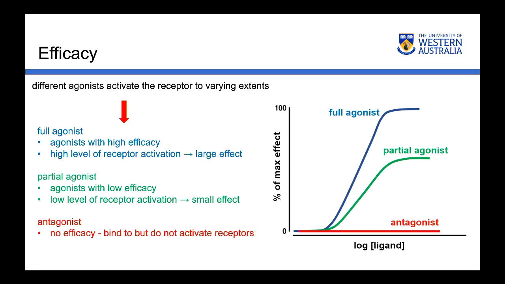And when you talk about an antagonist, remember it has no efficacy because it does not activate the receptor. So you see that the effect is just a flat line because it is unable to activate the receptor. So that's efficacy. It tells you how well a drug is able to produce an effect from its target or receptor.